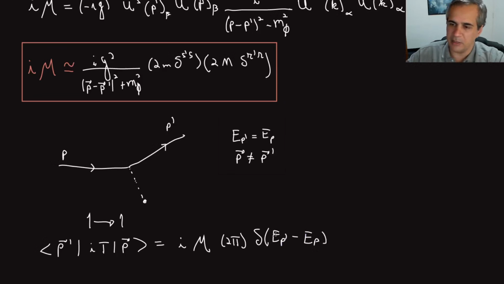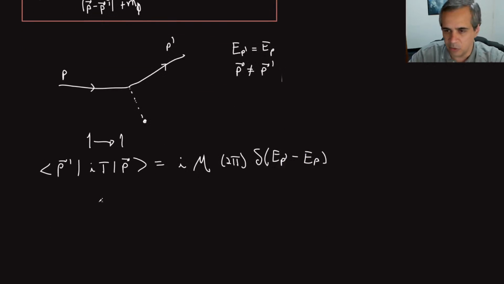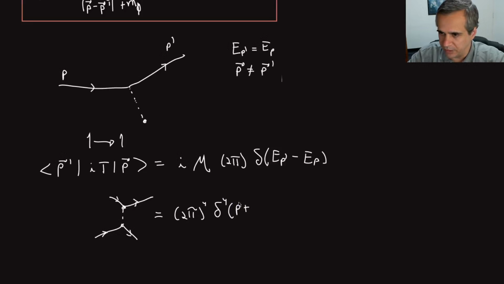Another way of thinking about this is this, right? Normally, my previous diagram was this one. And this is equal to (2π)⁴ times the conservation of all momenta, the sum over all p's and k's, right?